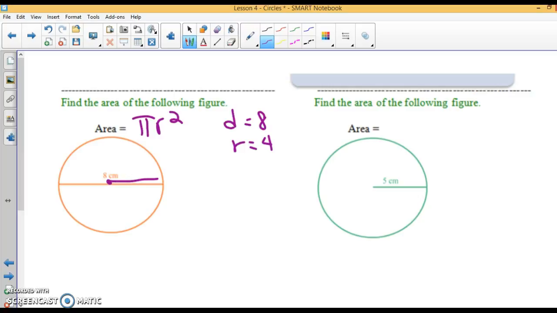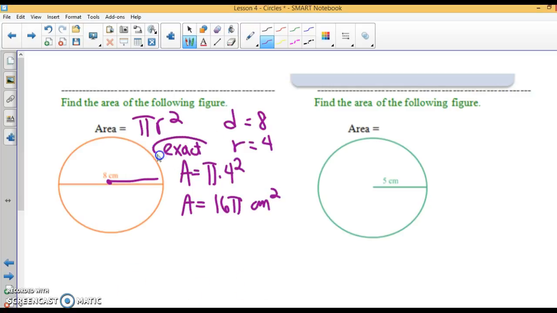We use 3.14 as an estimate for pi. So when you do area, if I want you to do exact area, it would be pi times 4 squared. What's 4 squared? 16. So it would be 16 pi centimeters squared.